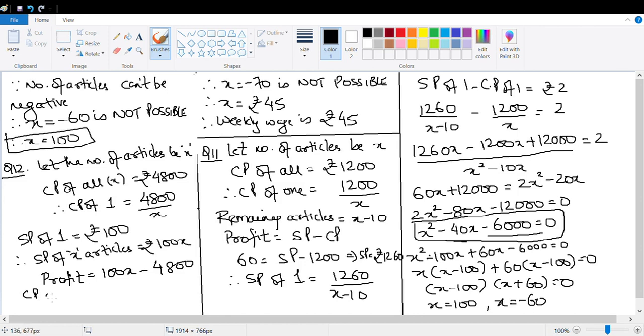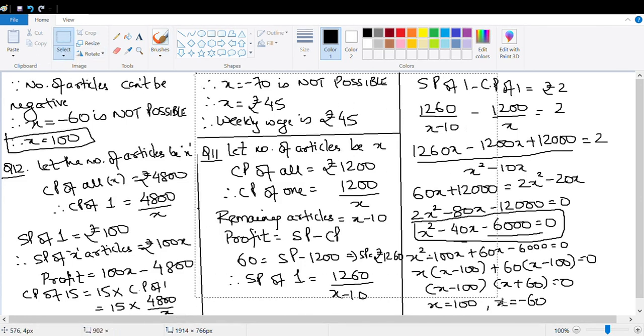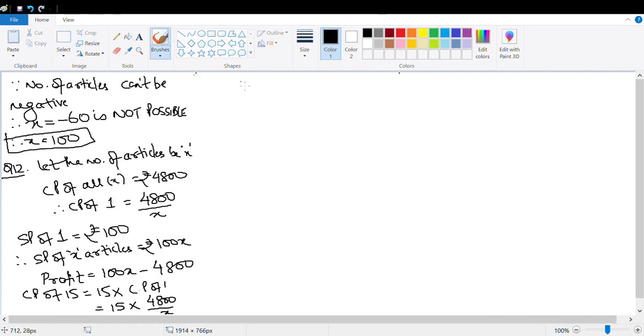So cost price of 15 is equal to 15 multiplied with cost price of 1, which is 15 multiplied with 4800 upon x. So I get an equation which is profit is equal to 100x minus 4800, which is equal to 15 into 4800 upon x.